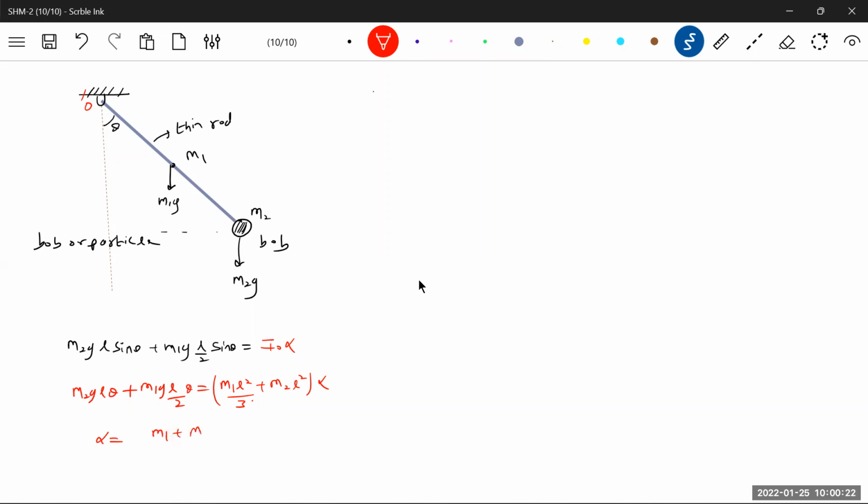M2, sorry, this will become M2 plus M1 by 2, g.